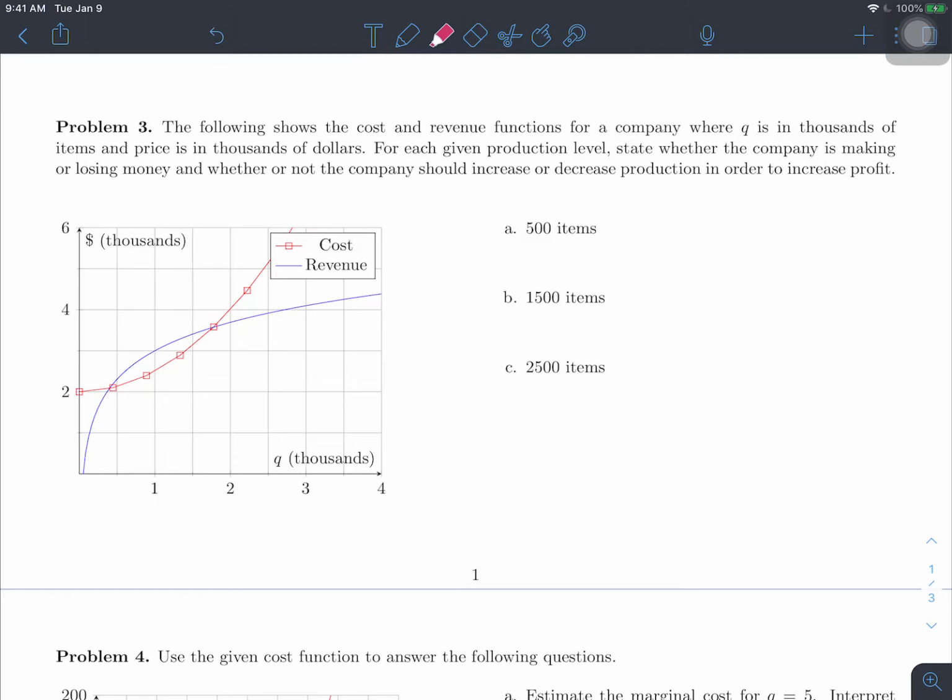Maybe they're a little bit curvy or wacky or crazy. Okay, so we're going to expand our understanding of what marginal cost and revenue mean in terms of cost and revenue functions that may not be straight lines. Okay?